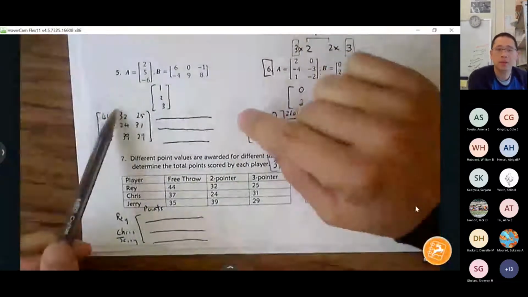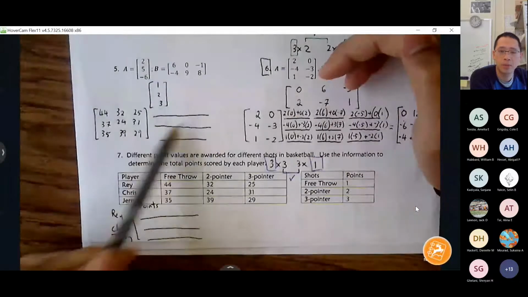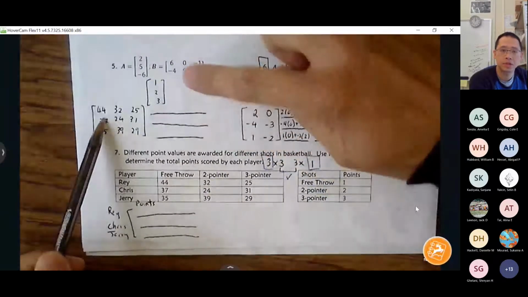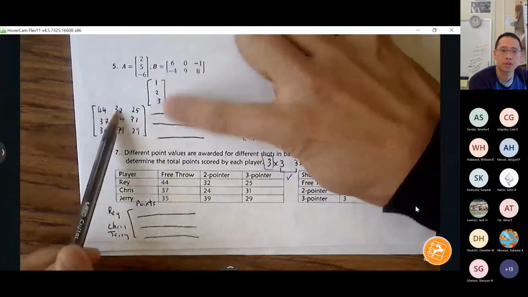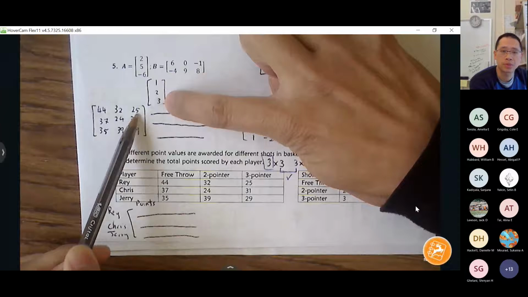3x3 matrix with 3x1 matrix, we're going to end up with a 3x1 matrix. So first row with first column: 44 times 1, 32 times 2, and 25 times 3.